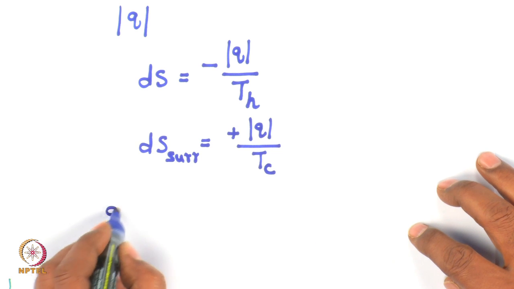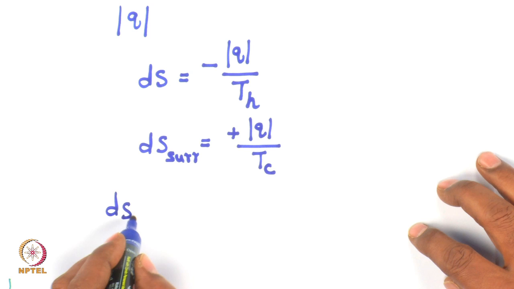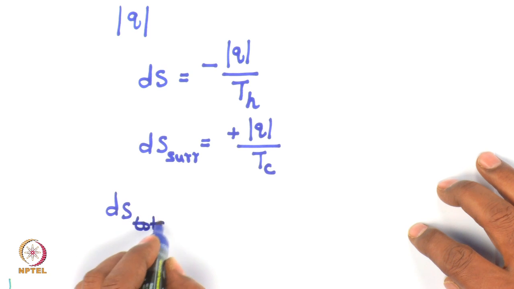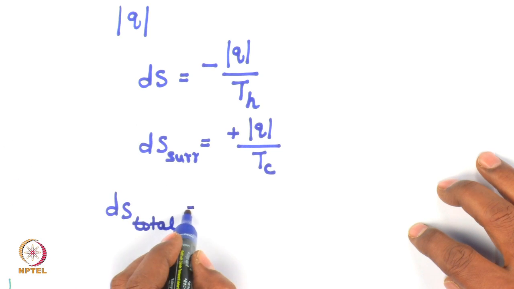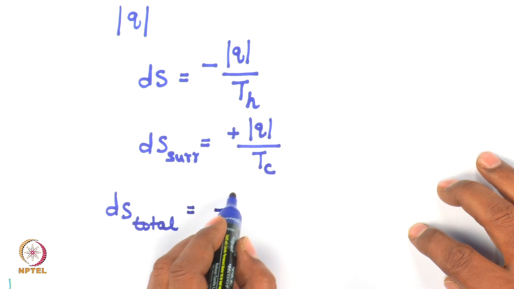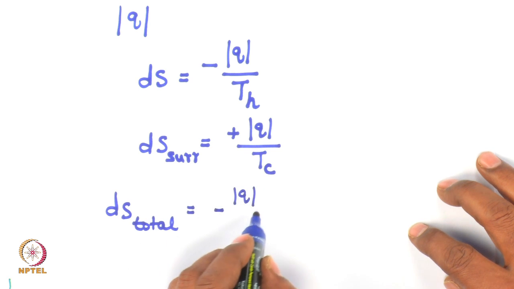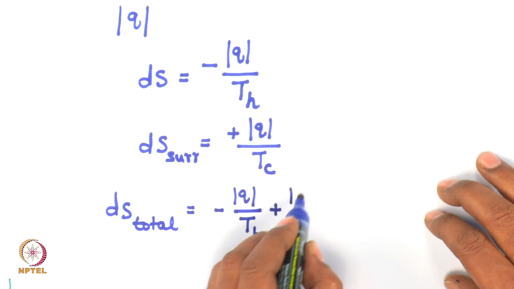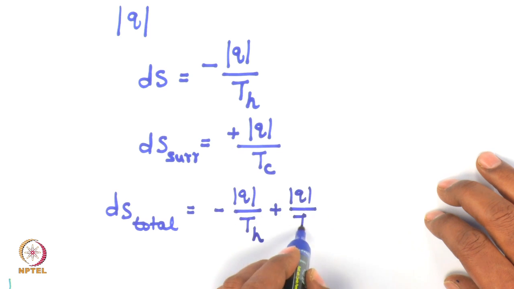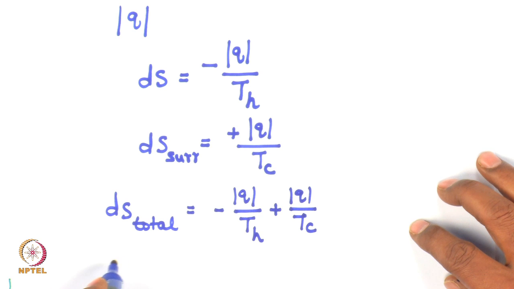So, overall, ds total, this plus this, will be equal to minus Q by Th plus Q by Tc.